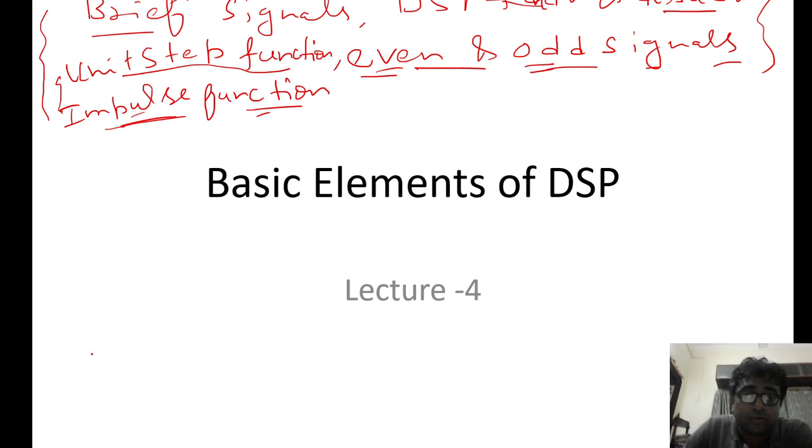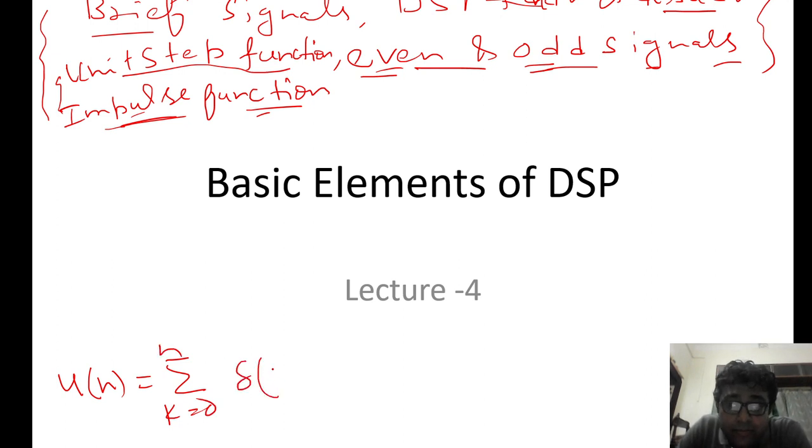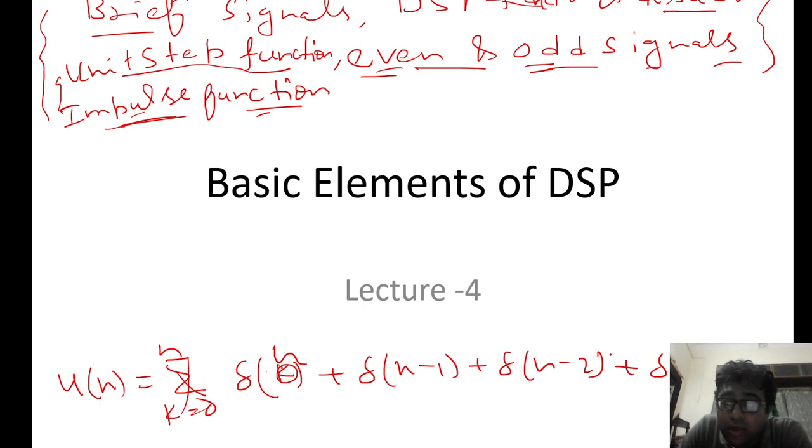And the equation that we have discussed is, suppose we have a unit step function, which can be rewritten as a sum over k of del n, del n minus 1, plus del n minus 2, or basically del 0, del minus 1, del n minus 2, plus del n minus 3 and so on, and that could be rewritten as the sum over k of del of n minus k.